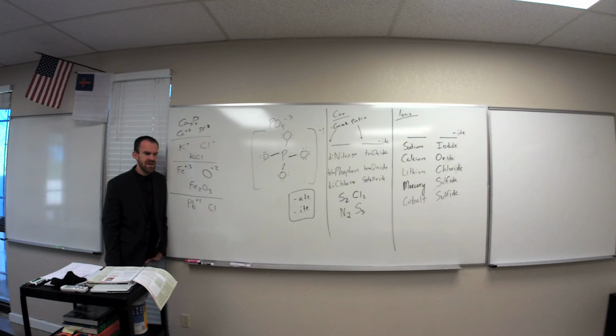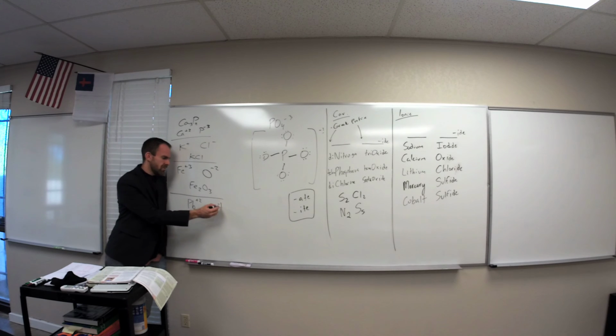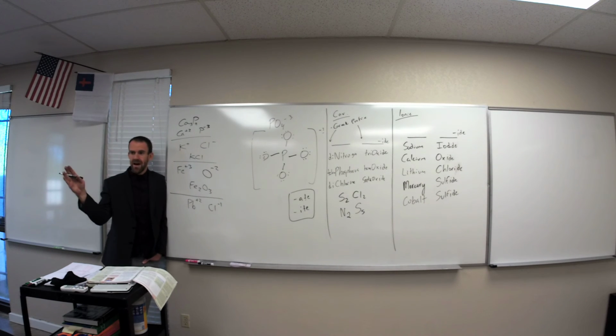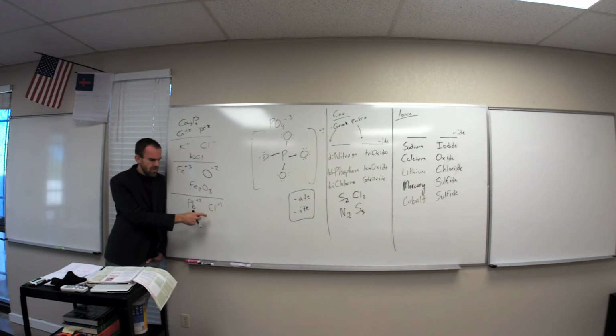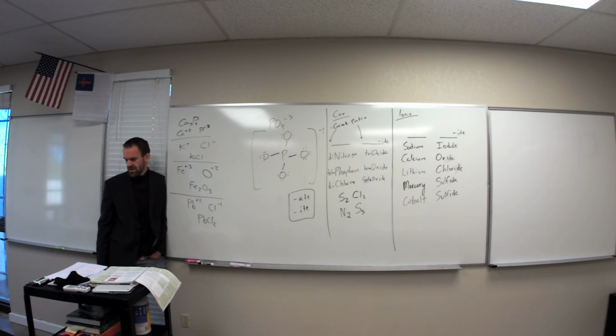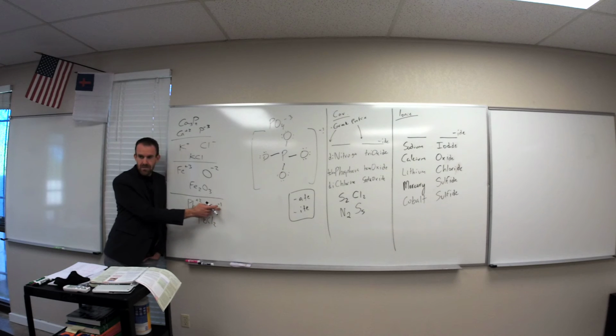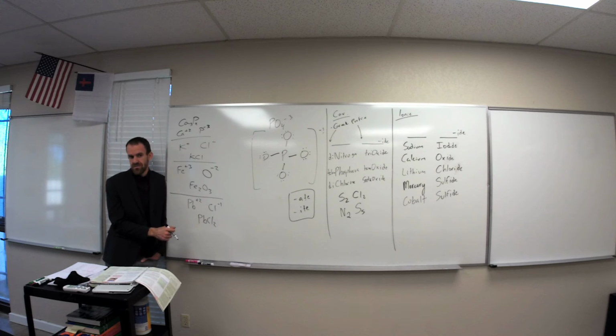Look at your periodic table and find chlorine. What's the charge? -1, because you want one column back from the noble gas. So if lead is +2 and chlorine is -1, then it's lead and chlorine. You have 2 of these because you need -2 to balance the +2.